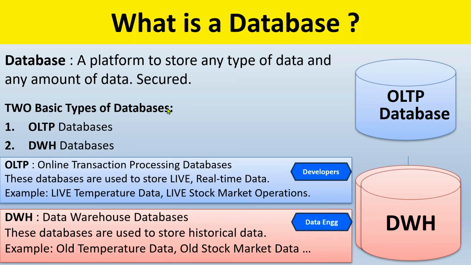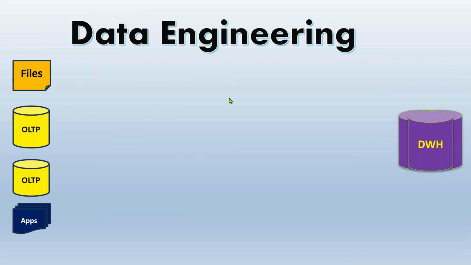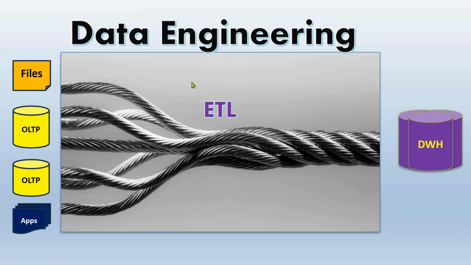So in data engineering, what do we do? In data engineering we'll be involved in reading data from various files, databases, performing ETL, extract, transform, load, and getting the data loaded to the warehouse.